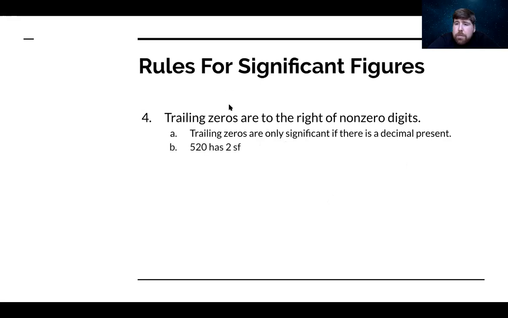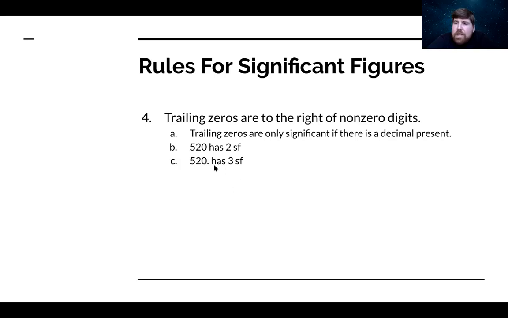For example, I could look at a number like 520. 520 has a trailing zero to the right of the 5 and the 2. Because there's not a decimal point, this number only has two significant figures. But by adding a decimal point, saying that I took the time to actually measure this zero, I know it's 520 pretty much on the money, that makes that zero significant.